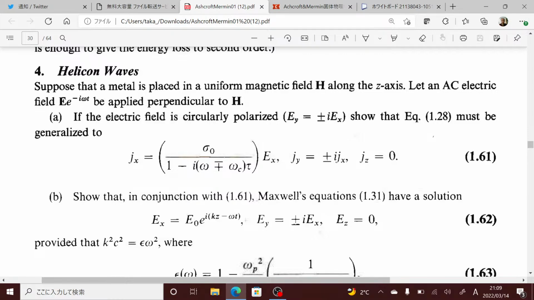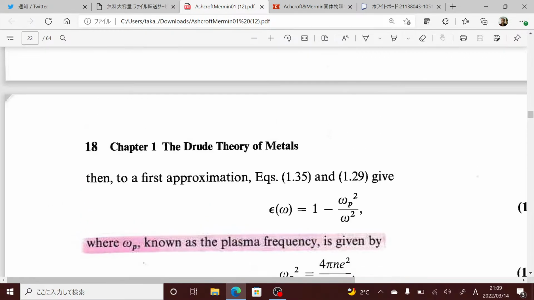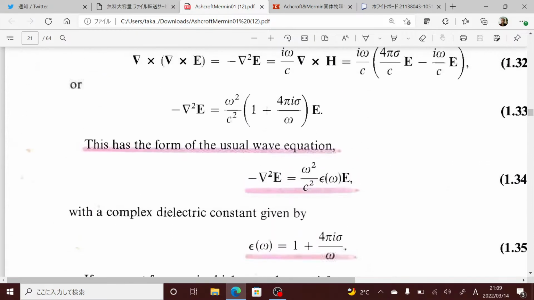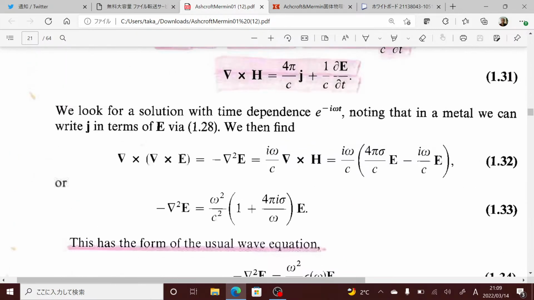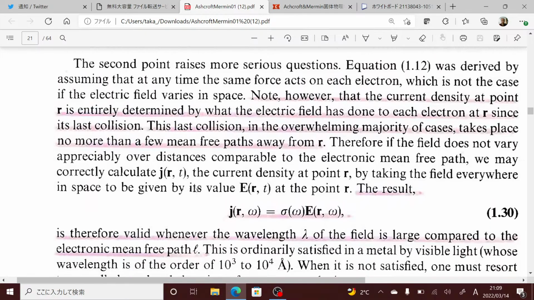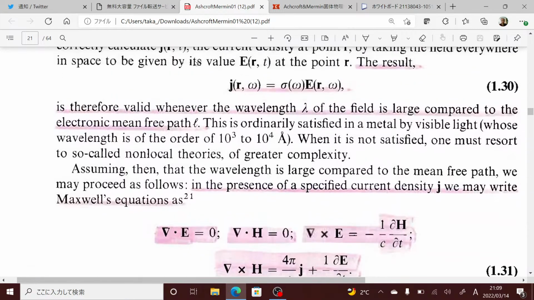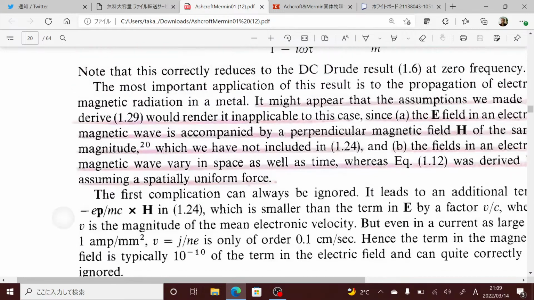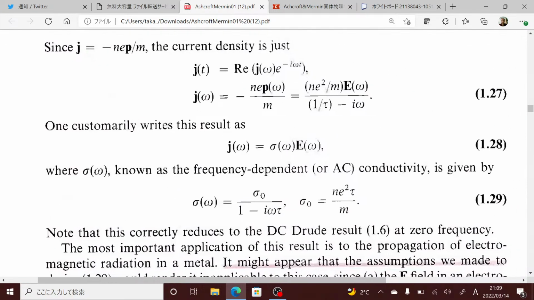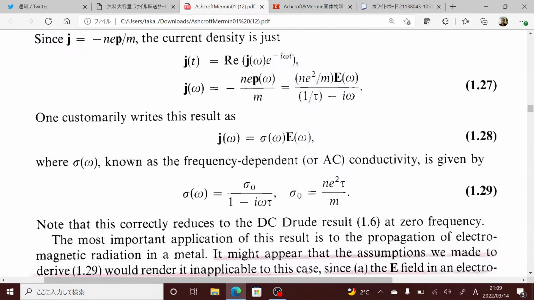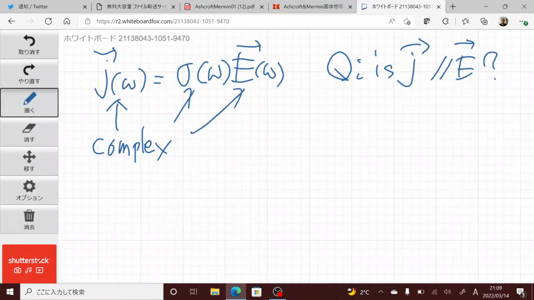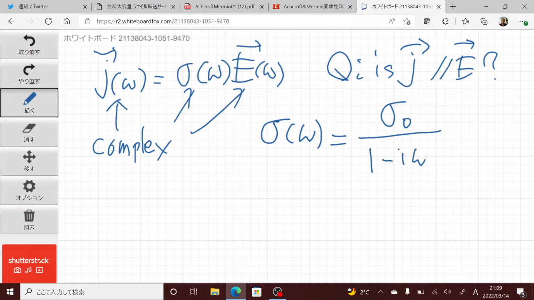Field, I have to go back. Then sigma omega is sigma 0 divided by 1 minus I omega tau.